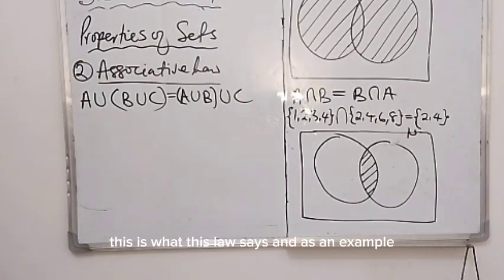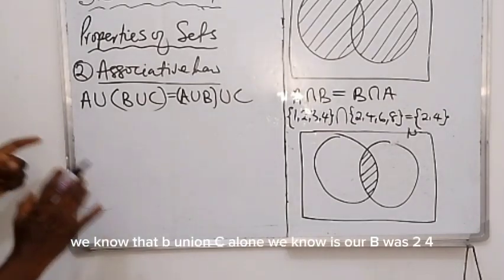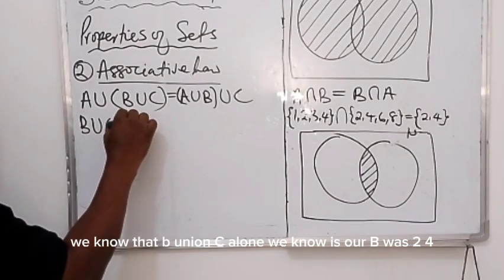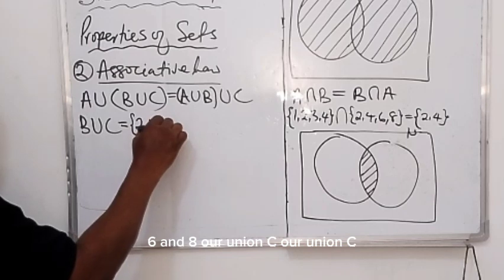This is what this law says. And as an example, we know that B union C alone, our B was 2, 4, 6, and 8.